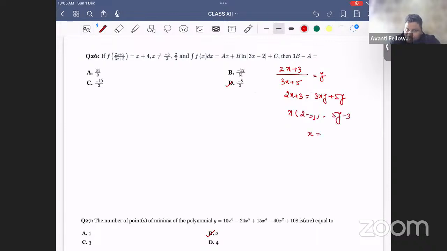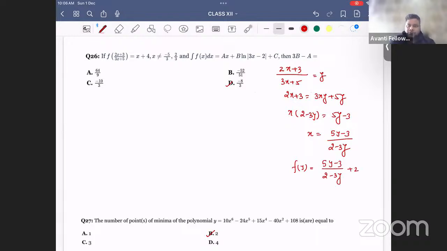So x became 5y minus 3 upon 2 minus 3y. So this is x in terms of y. So what I can say is that f of y will be x plus 4.